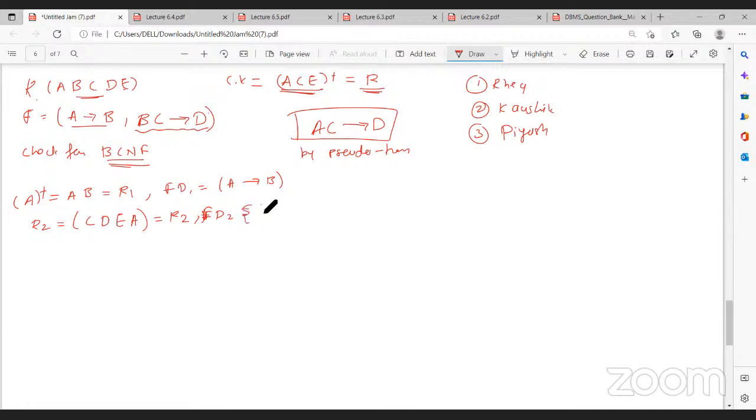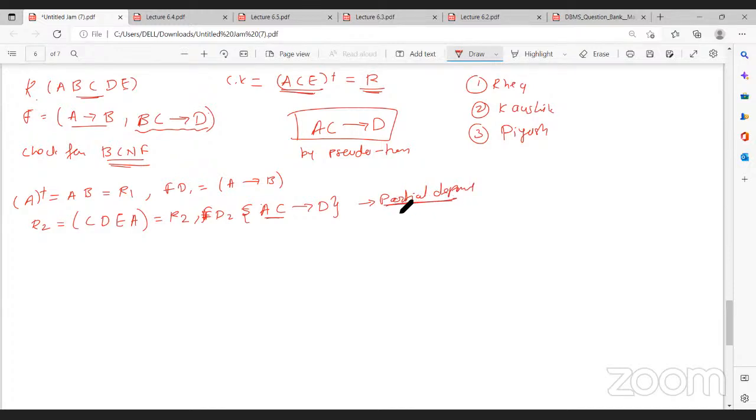But if you observe this, AC is a subset of the candidate key and D is a non-prime attribute, right? So this is also a partial dependency.